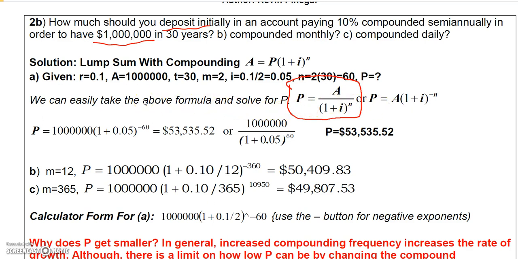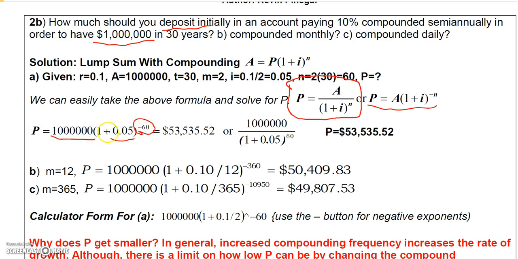So now if we want to know what principal will grow to $1 million, I'm going to use this formula first. I put $1 million in for the amount, and since we're compounding semi-annually, i is going to be 0.05, and since we're compounding semi-annually for 30 years, n would be 60, but since I'm using this formula for P, it would be raised to the negative n.